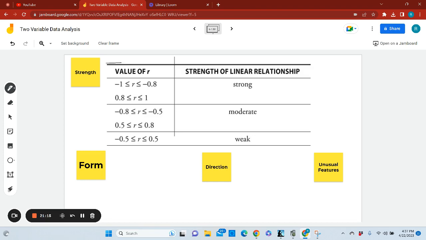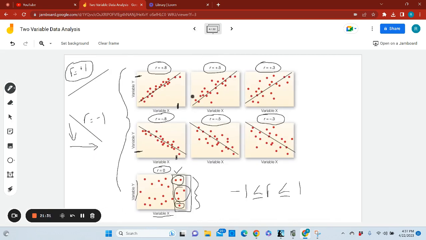And they give you a little guide here, all right? This isn't the be-all and end-all, but basically saying that any value between 0.8 and 1 or negative 0.8 and negative 1, those are going to be your strong correlations, right? And if we come back to our correlation slide, here's a 0.8 and here's a negative 0.8.